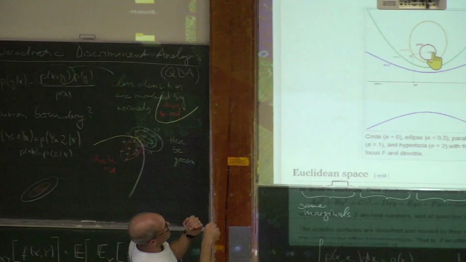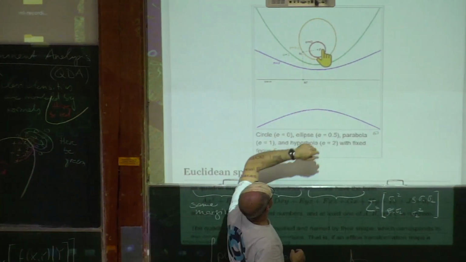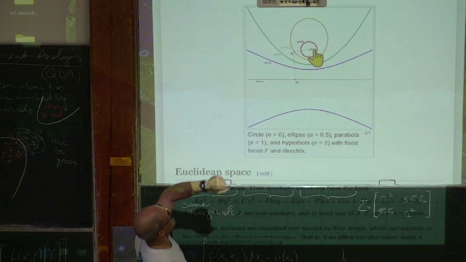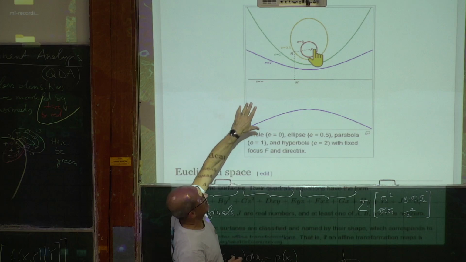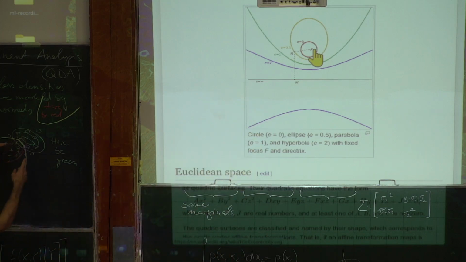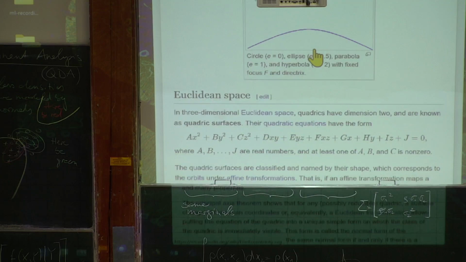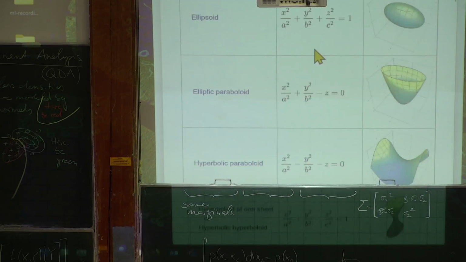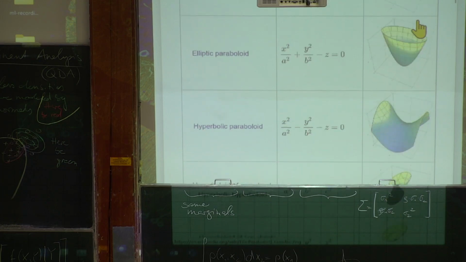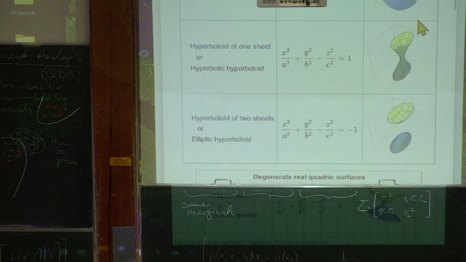Okay, we can have elliptic decision boundaries. That's the yellow one. We can have parabolic decision boundaries. That would be green. And we can have hyperbolic. What I showed here initially was an example of a hyperbolic one. Now this is just in 2 dimensions. As we go to 3 dimensions, you see what decision boundaries could look like.